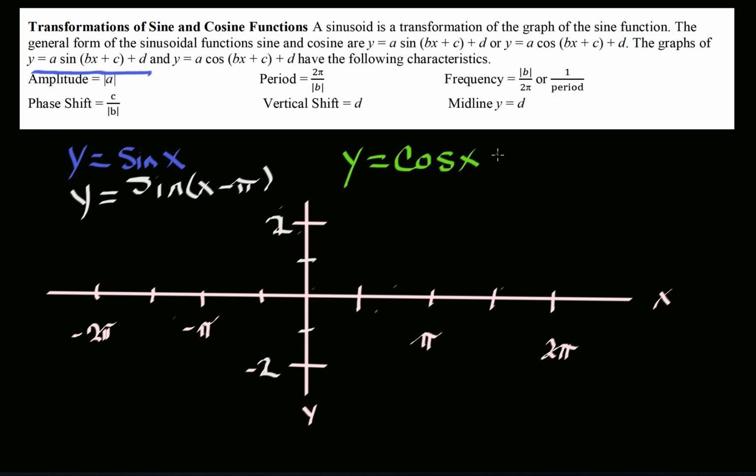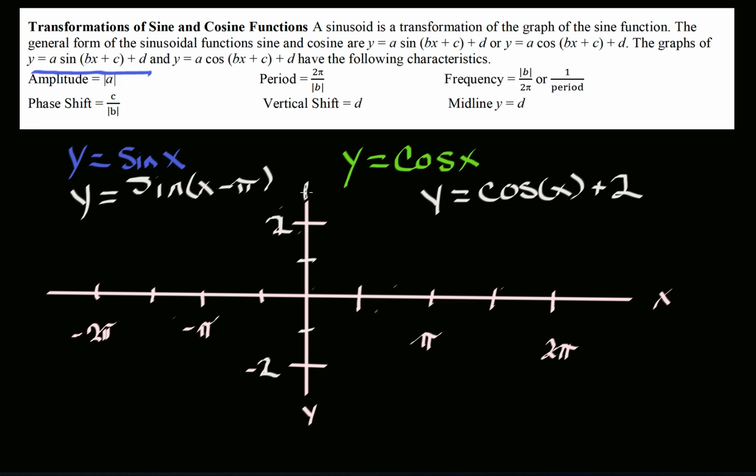And all this says is that if I say y equals cos x plus 2, that just means that my midpoint of the wave has been shifted up 2 spaces. So really and truly, instead of starting at 1, I'd be starting up at 3.